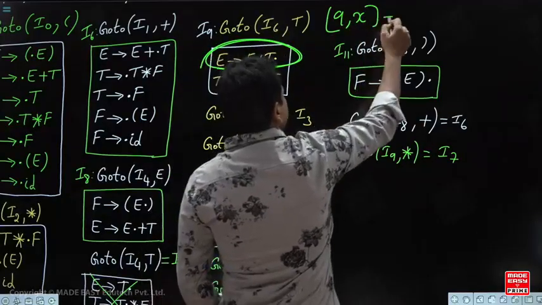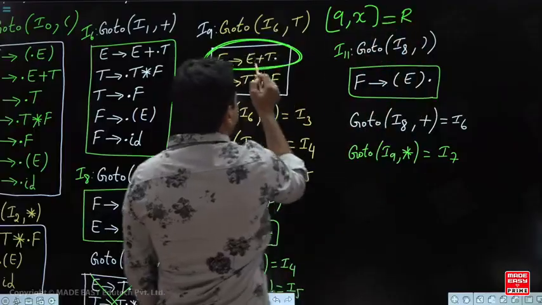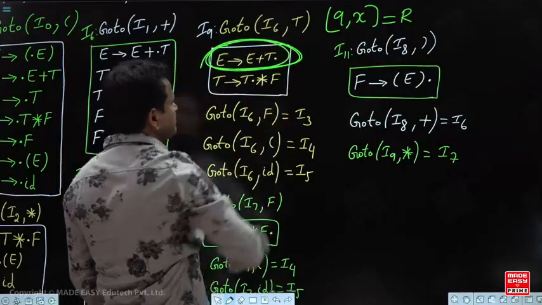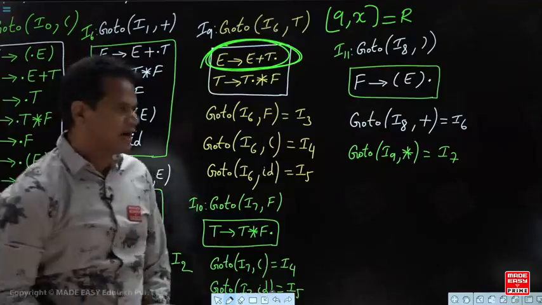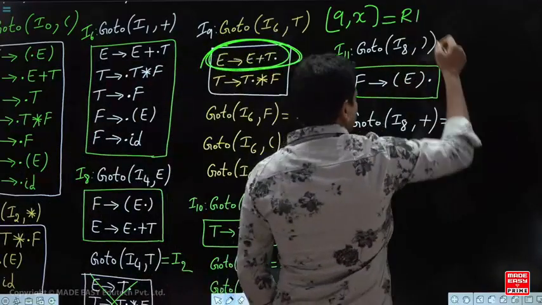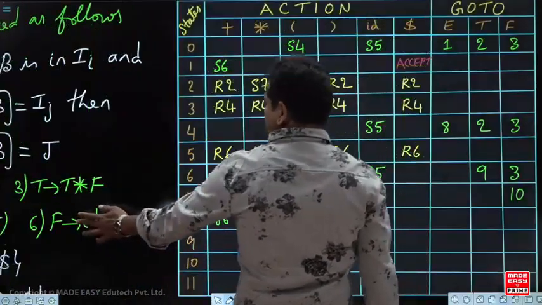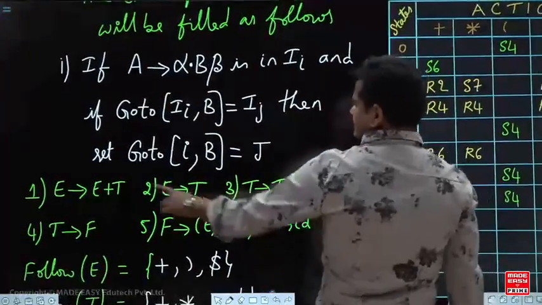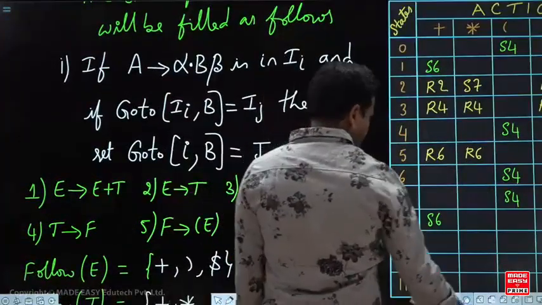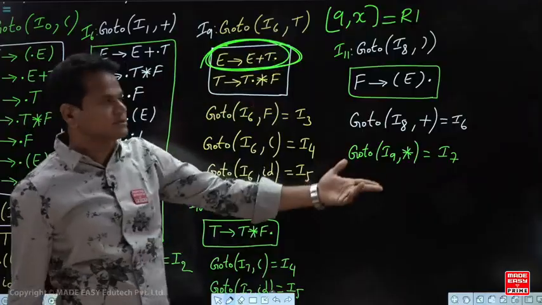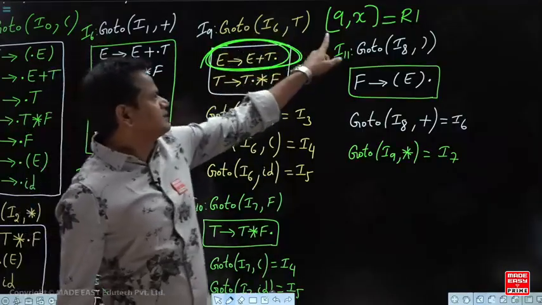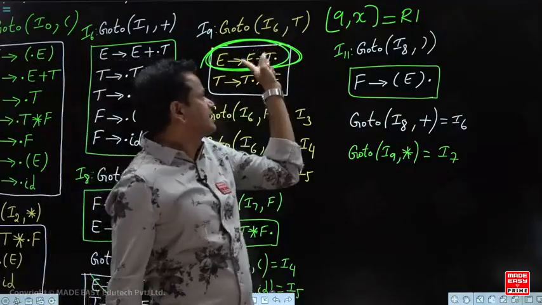Because the dot reaches the end, reduce. This is the production E derives E plus T, and its number is 1, so R1. It is a final item, so reduce comes. As it is in I9, ninth row, final item, reduce, its number is 1.